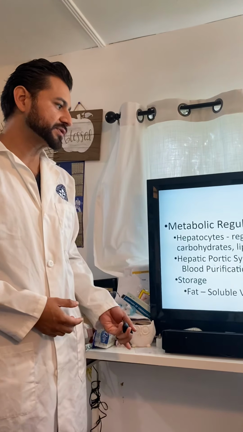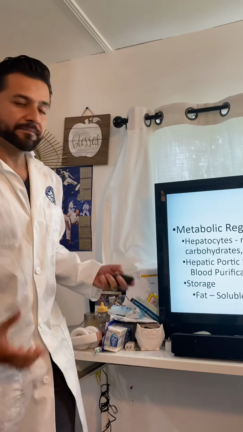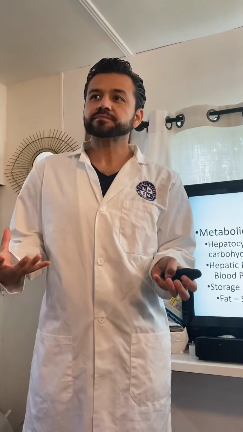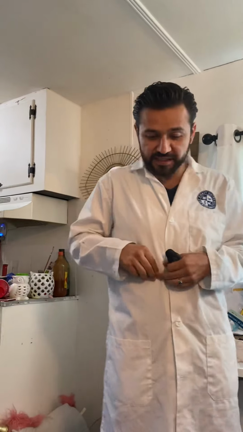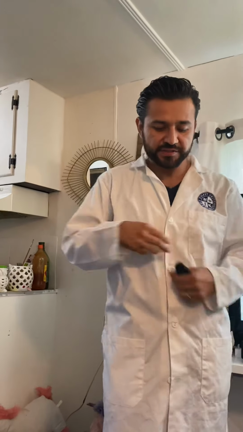The hepatic portal system is basically when, after you eat and all the nutrients go into your stomach and start digestion and go into the small intestine, nutrients are absorbed from all these areas: the small intestine, large intestine, and the actual stomach as well.